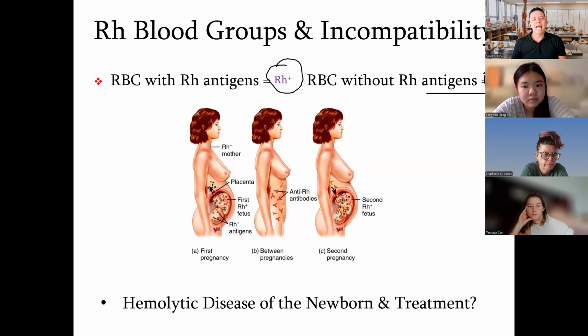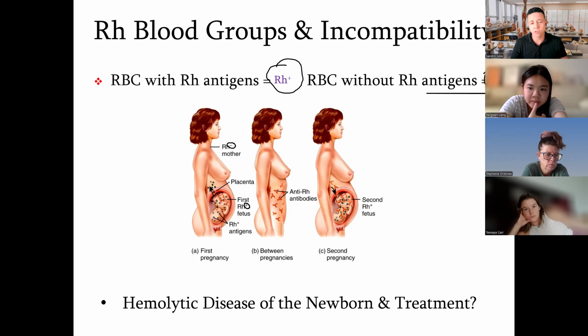Yeah. Now, there is an issue with the Rh and the blood group type incompatibility with a mom and a fetus. Let's say that a mother is Rh negative and the fetus is Rh positive. In the womb, guys, there's going to be a mixture of blood between the fetus and the mother.